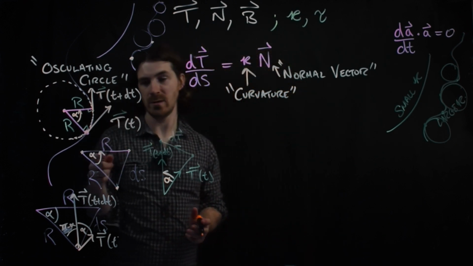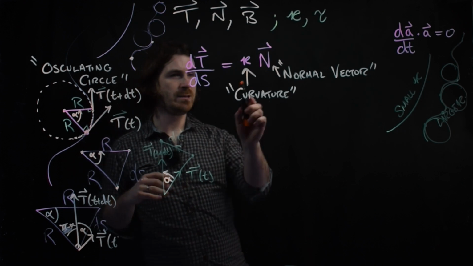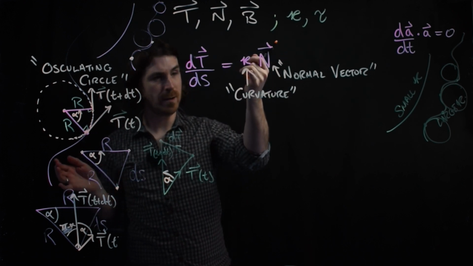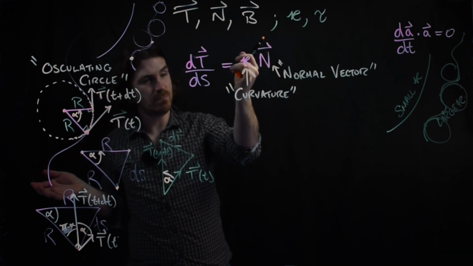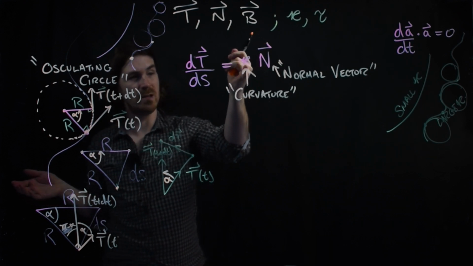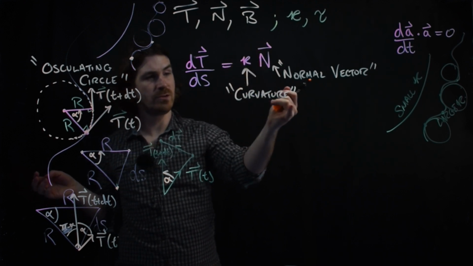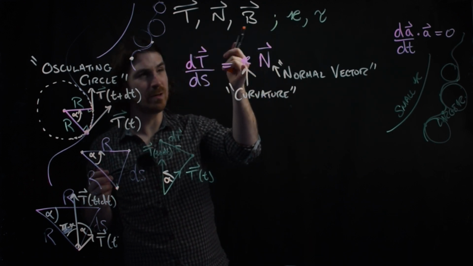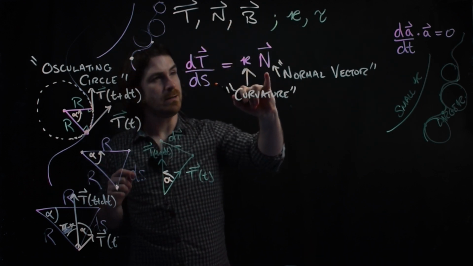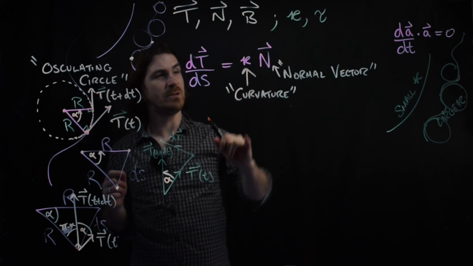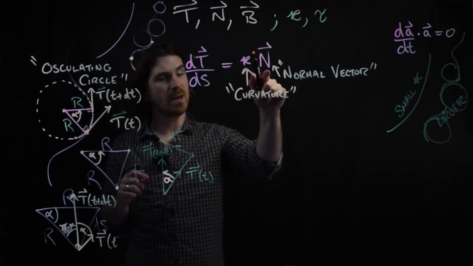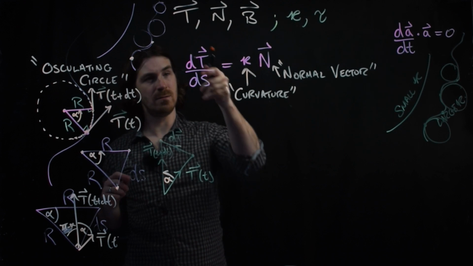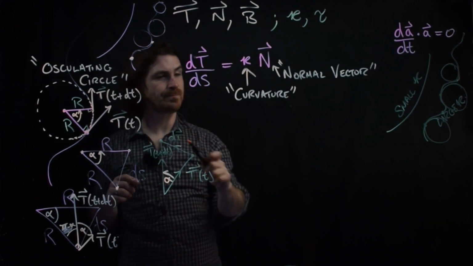So the change in the tangent vector along the curve is equal to some quantity, some number, a scalar quantity, curvature. This is the Greek symbol kappa. And this vector, which is the normal vector. So this N is a unit vector, but this thing on the left-hand side isn't a unit vector.